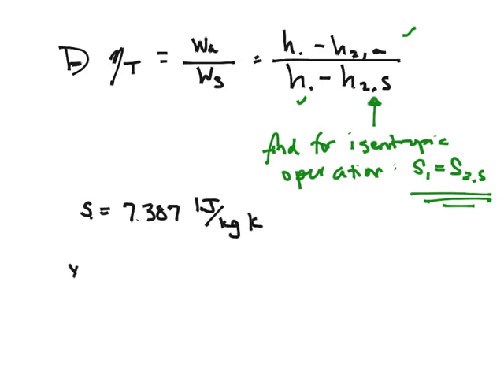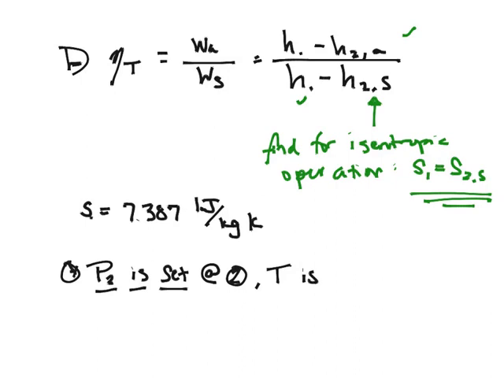And now remember, the last critical piece that we need to recall in order to find this specific enthalpy at 2 is that P2 is set at the outlet of our turbine. So P2 is set at state 2, but T is not.